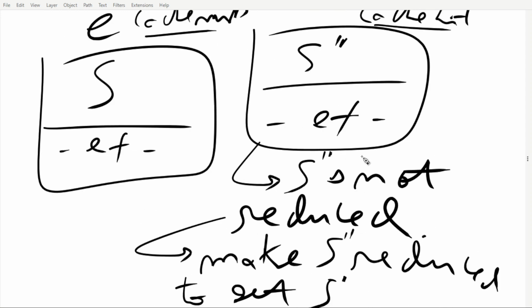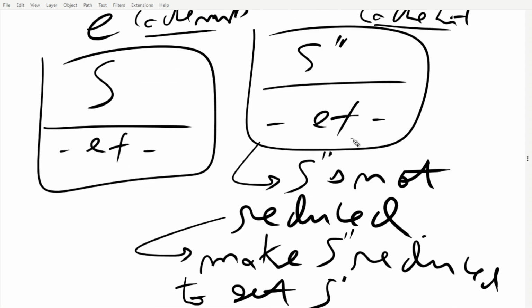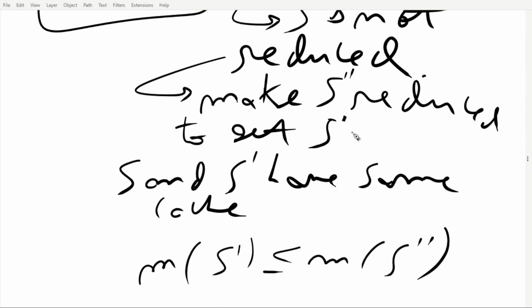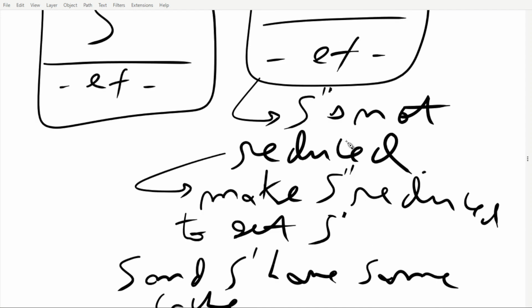And also the way we are making it, S prime is simply emulating S. So due to this emulation they will have identical cache misses. So we can make this the cache misses of S. So this is case 3D: S prime is matching the cache and also its performance is not worse, it may be better.